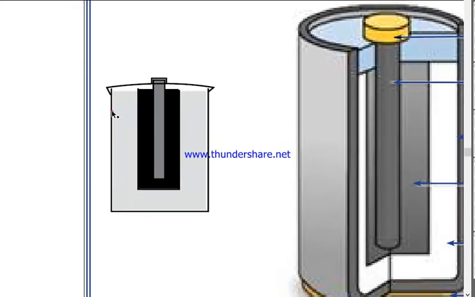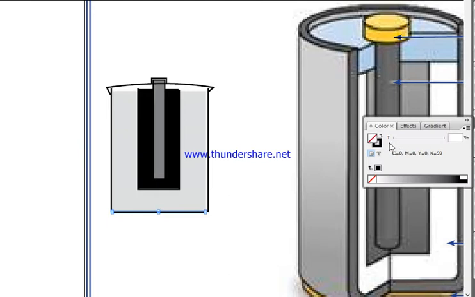The bottom of the zinc container is connected to a metal plate. Zinc easily reacts with the gases present in air, isn't it? That is why it is essential to protect zinc.